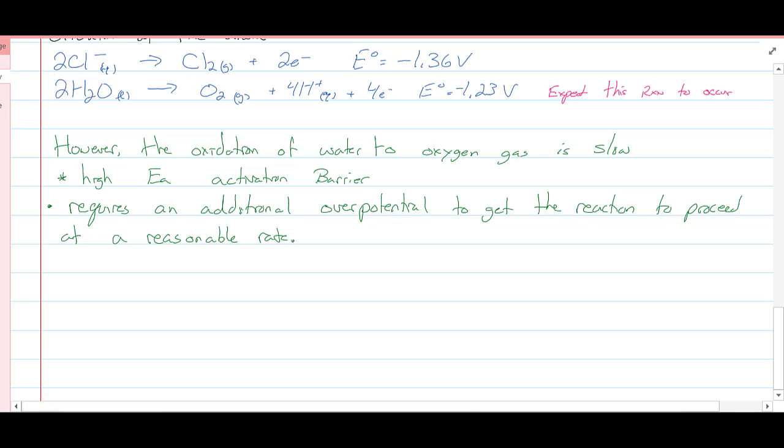This is a kinetic effect, which means it's not thermodynamic. Also, the concentration of chloride affects the rate. So there's two controls over a chemical reaction, right?